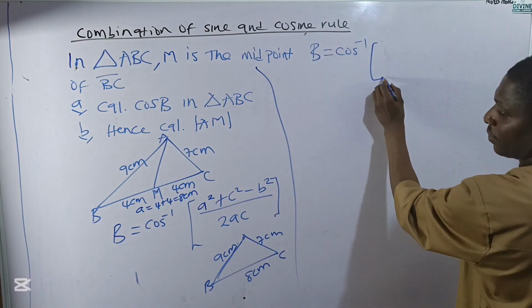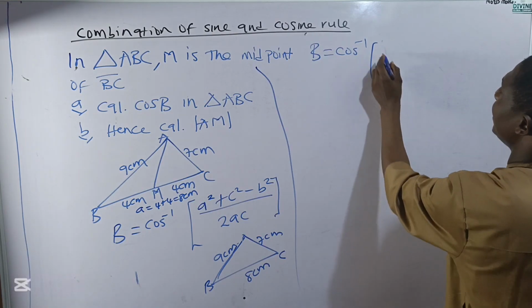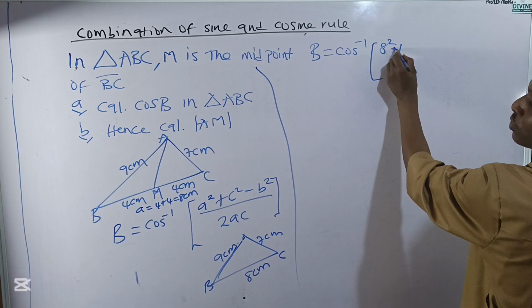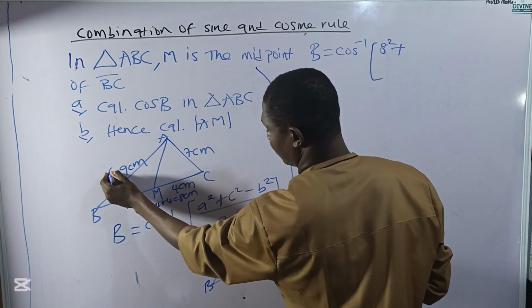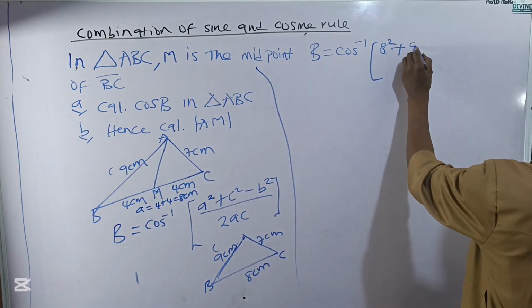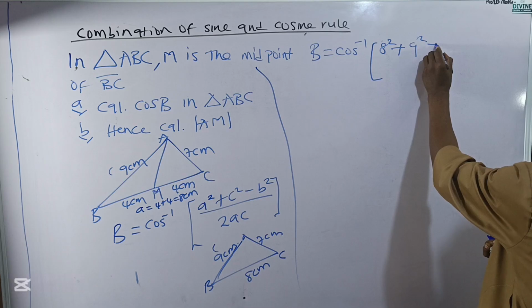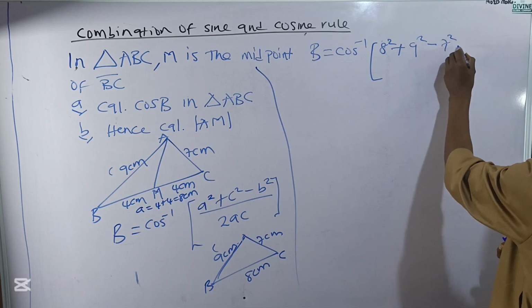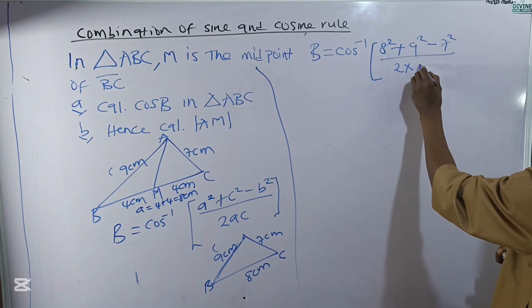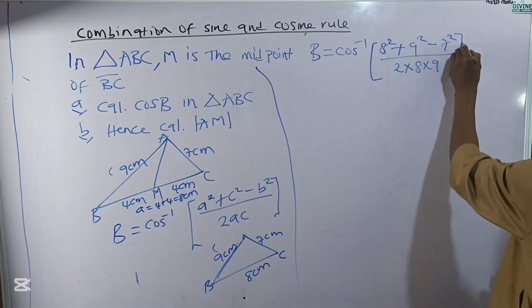So I'll have A as 8 squared plus C, which is 9 squared, minus B, which is 7 squared, all over 2 times 8 times 9.